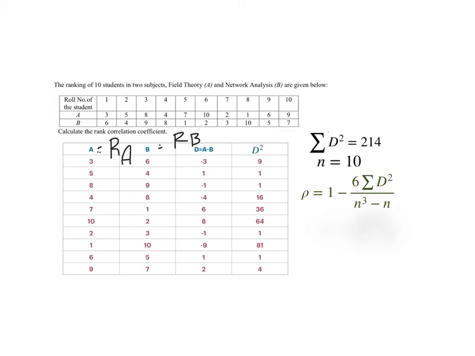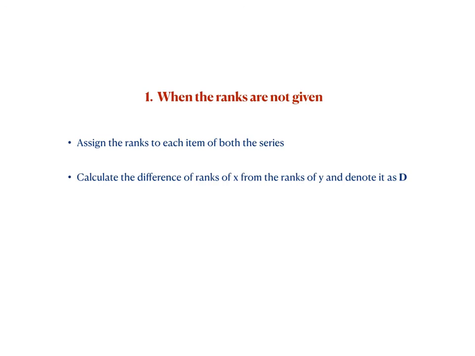We already have summation D square, so we substitute: 1 minus 6 into 214 divided by 10 cube minus 10. Calculating this gives the result minus 0.2969.